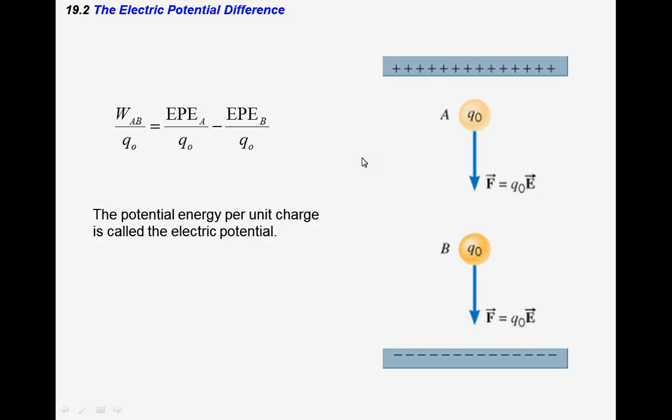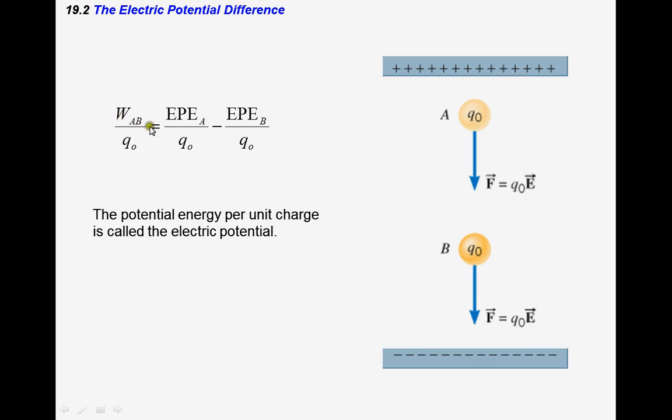Now, the electric potential energy per unit charge is called the electric potential. So there's electric potential energy, that's a specific amount of energy in joules, versus the electric potential, which we could then calibrate for whatever amount of charge we have.